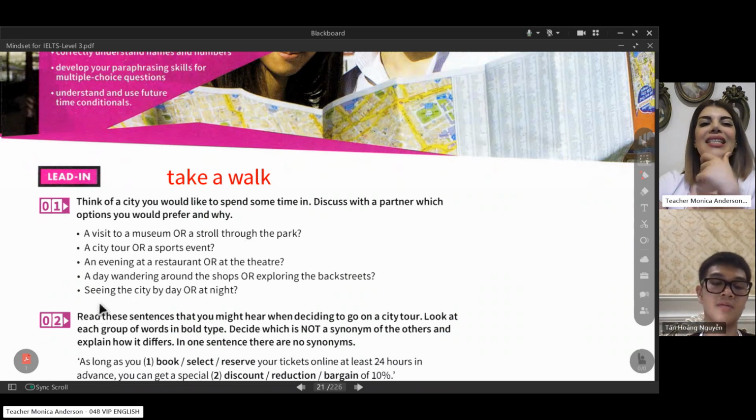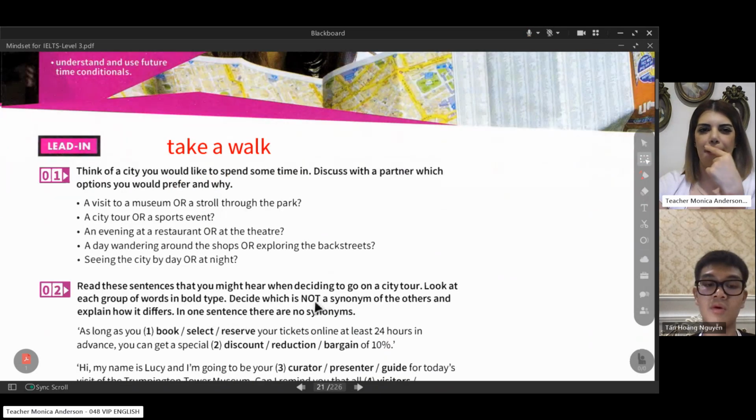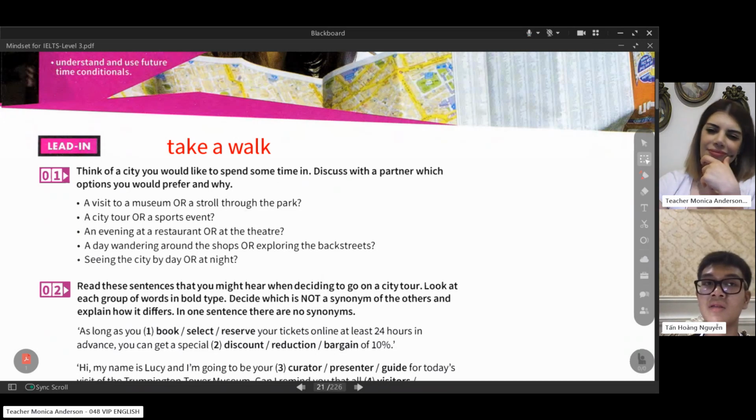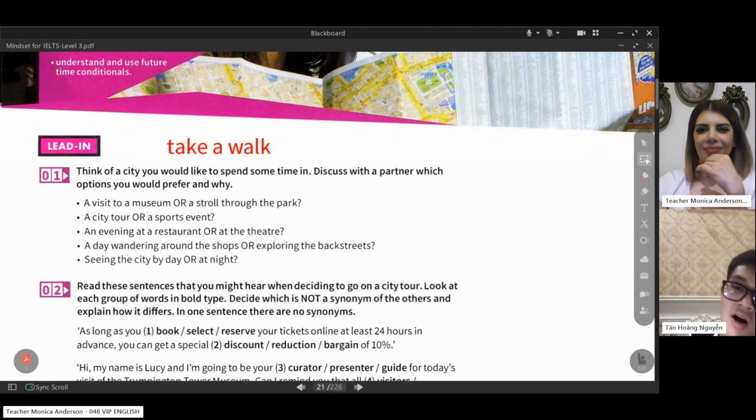Well, and seeing the city by day or at night, which one? I think night. When the city turns to night, it can express all the magnificence, and that's what I like to see of the city.